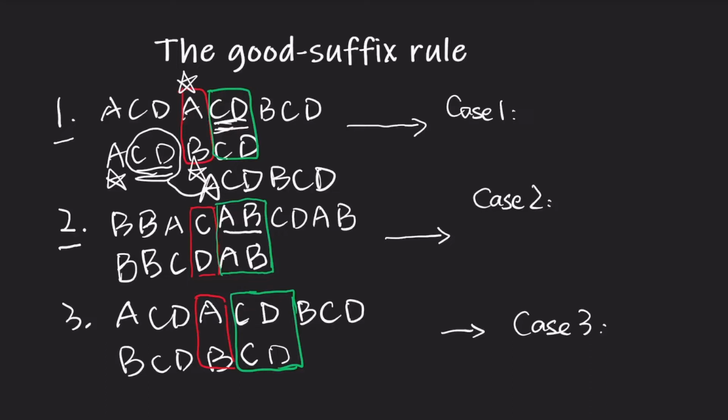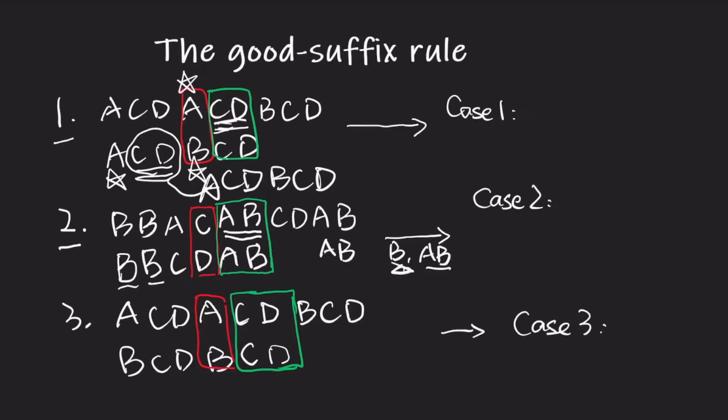This example is for case 2. If there is a suffix, and if case 1 doesn't happen, we can check whether there is a suffix matching a prefix. So the matched part is AB, and the suffix is B or AB. We can check whether B or AB happened in the prefix.